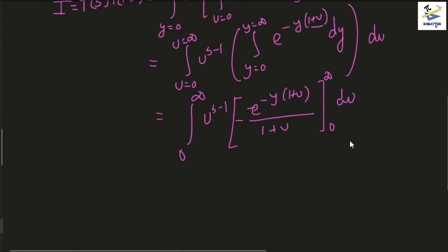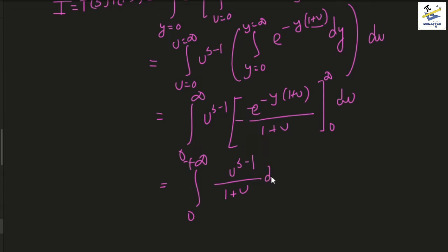So evaluating it at both points, you see that when you put in the infinity it becomes 0, and when you put in the 0 it becomes 1, and since there is a minus sign, that would be a plus 1. So ultimately what it would turn out is as follows: 0 to positive infinity u to the power s minus 1 by 1 plus u du for 0 less than s less than 1.